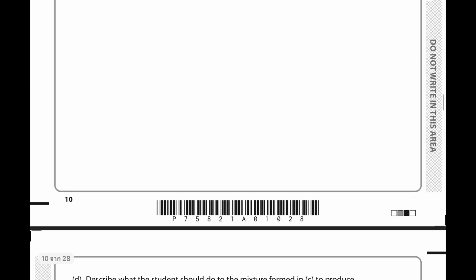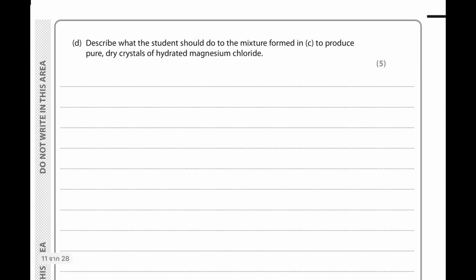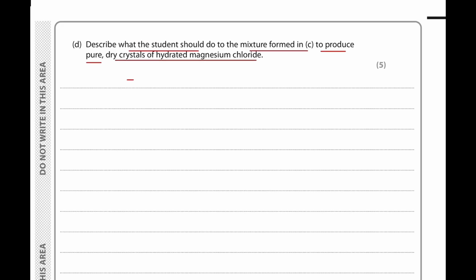Okay, then question D. Describe what the student should do to the mixture formed in C to produce pure dry crystals of hydrated magnesium chloride. Okay, first one is filter off the excess magnesium.